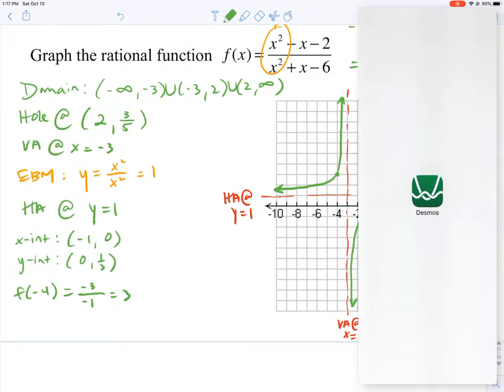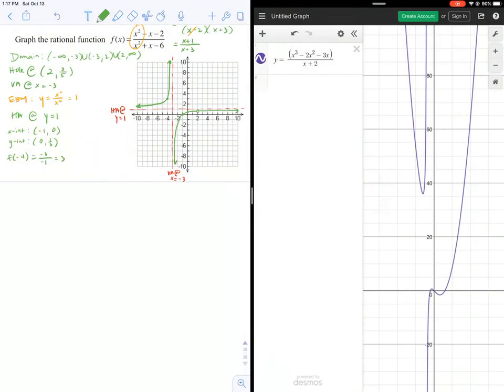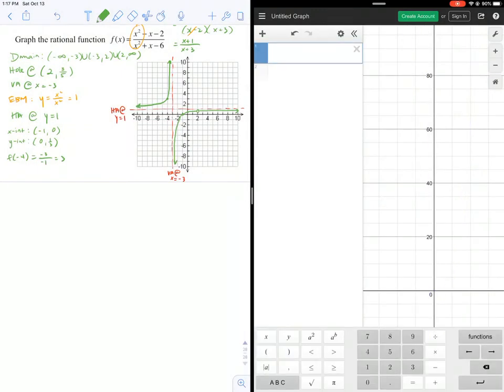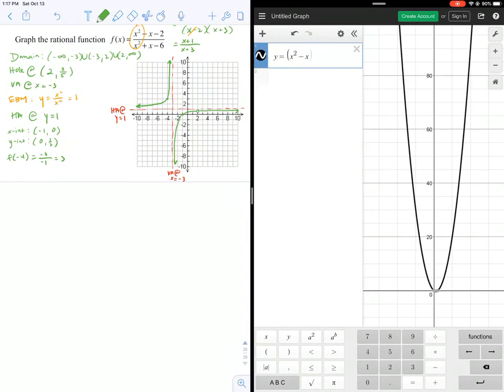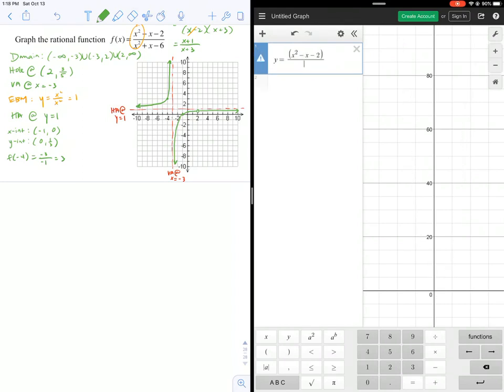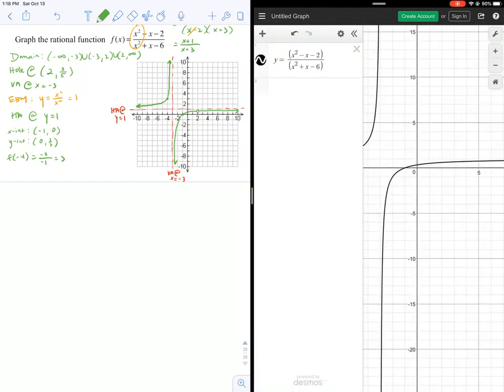So let's double check with our good friend Desmos. All right, it looks pretty good.